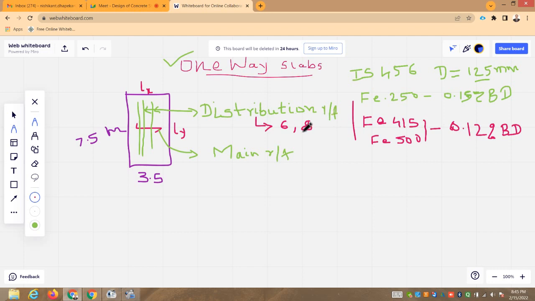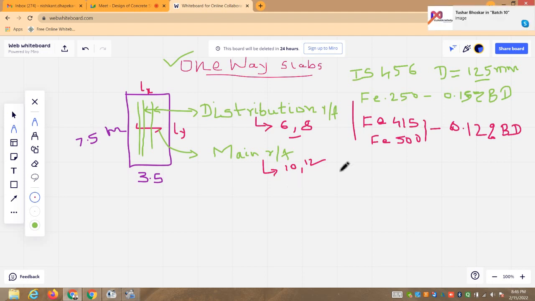Distribution steel is generally 6 mm or 8 mm dia bars, and as main reinforcement 10 mm dia bars, 12 mm dia bars, and so on. These are the diameters generally provided in practice in slab panels.